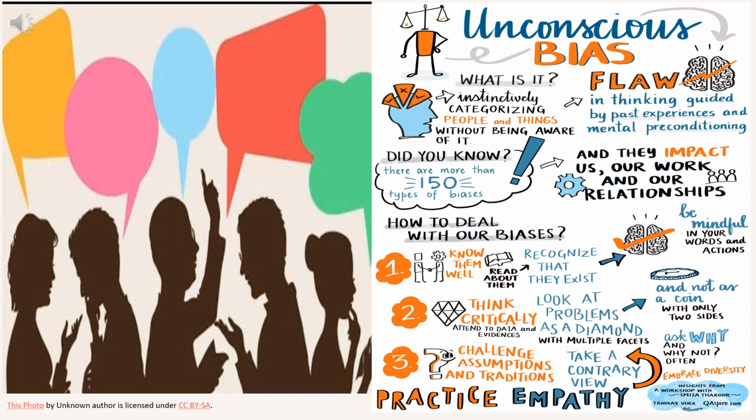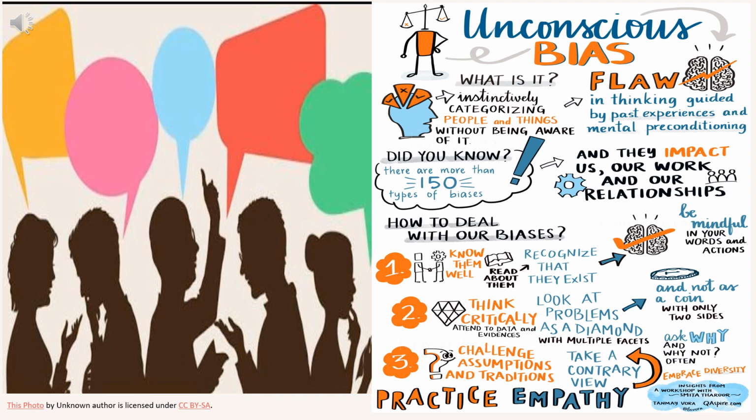How to deal with biases? First, know them well. We must know the people well. We must also read about them to recognize that they exist. Number two, think critically, attend to data and evidence, and look at problems as a diamond and not as a coin with only two sides. Also, challenge assumptions and traditions. Take a contrary view.